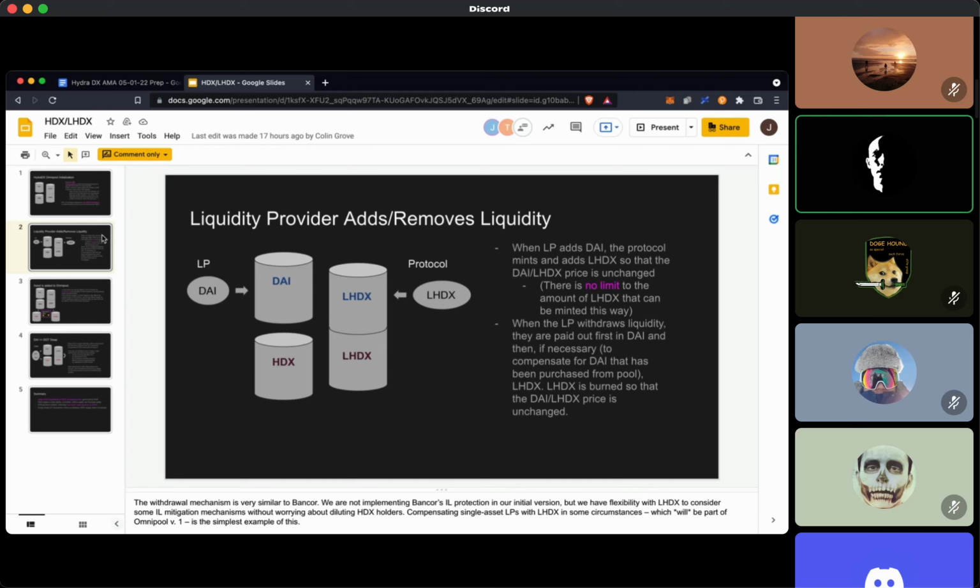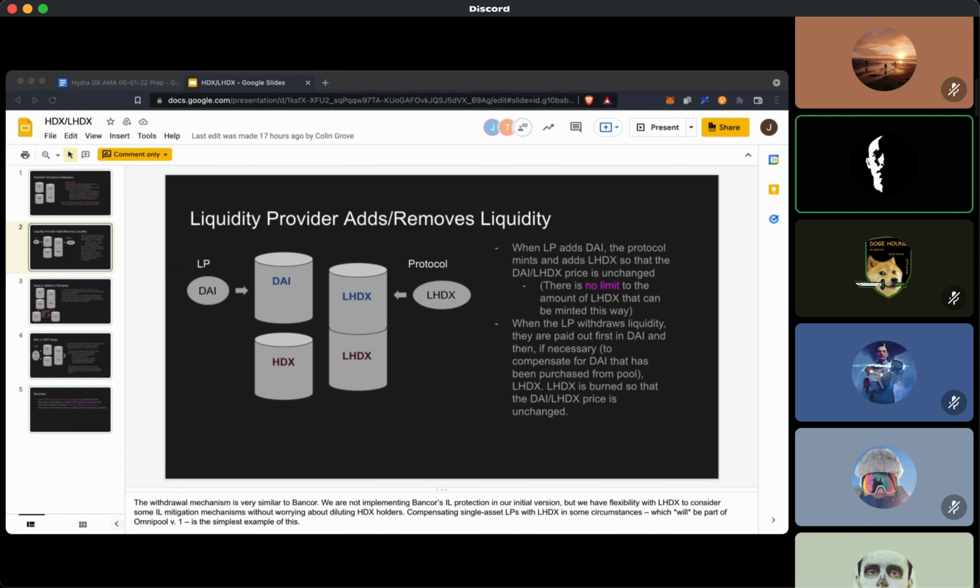And likewise, when a liquidity provider removes liquidity, LHDX can be distributed to the liquidity provider, and some of it will be burned. That depends on how much the price has moved throughout the duration that this liquidity has been provided. What I'm coming back to is emphasizing that the LHDX supply is oscillating.